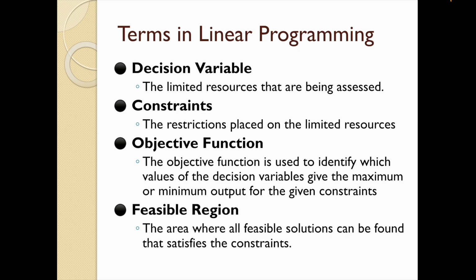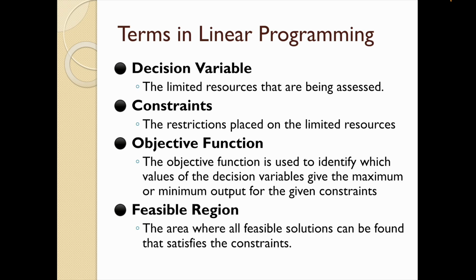Now, when we talk about the objective function, maybe you want to eventually sell those fruits for some form of profit. That would be your objective function, because your main point for analyzing these resources and these constraints is to figure out what you could do to either maximize the profits or minimize the costs.